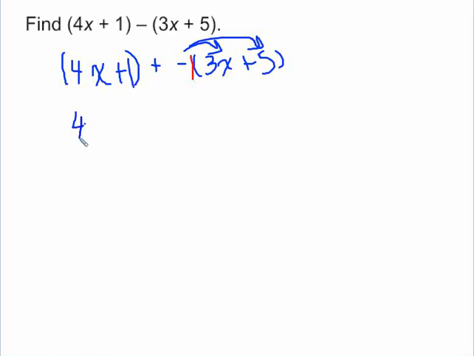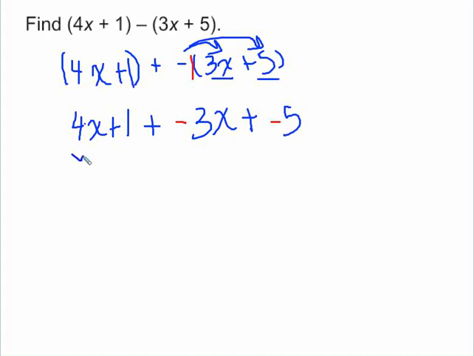So my 4x plus 1 is going to stay the same, so I can actually break that out of the parentheses. Plus, well, then I'm going to have negative 3x plus negative 5. So I distribute that negative to each of these two terms here. Okay, so then I can work on combining.